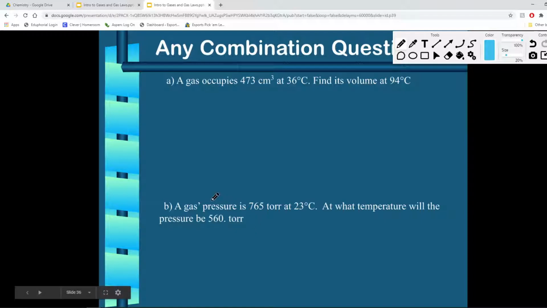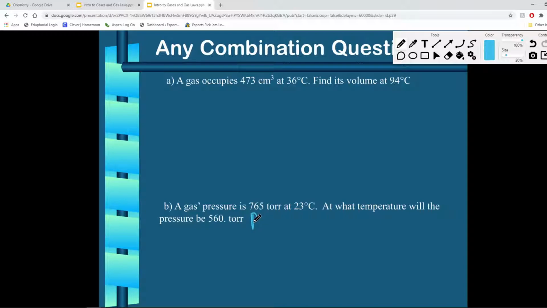Right, part B, it's giving you pressure and it's giving you temperature. And then it wants to know what the new temperature will be at a different pressure. So we need to look for the law that gives us a relationship between pressure and temperature. So if we go back and look through them, we should find Gay-Lussac's law is the one that has to do with pressure and temperature.